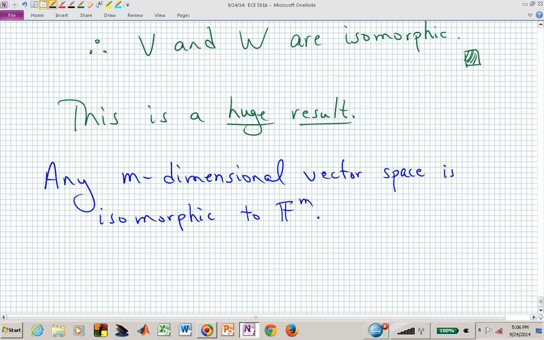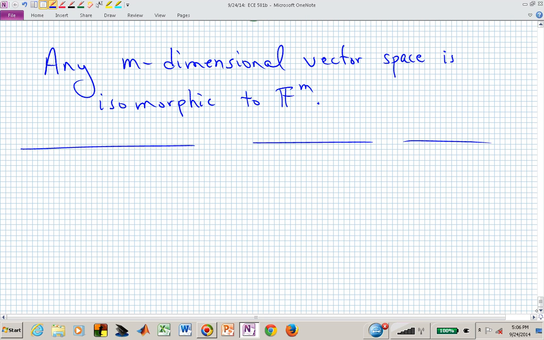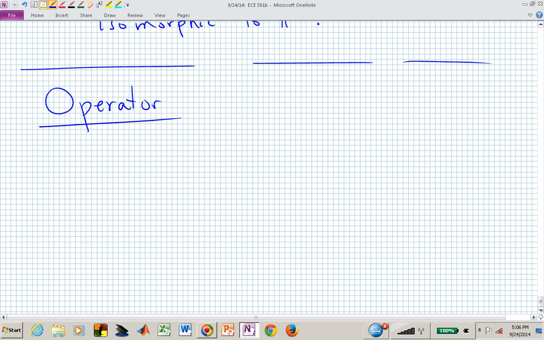But you can make that connection since they are isomorphic. What we want to talk about at the end of chapter 3 is this concept of an operator, where we're now specializing a particular relationship between the vector spaces in our domain and in our codomain.